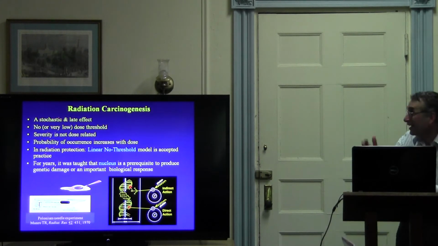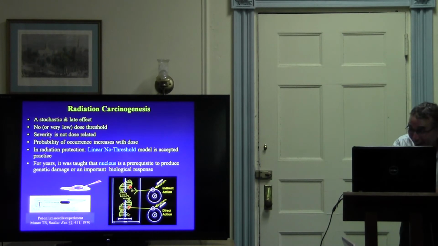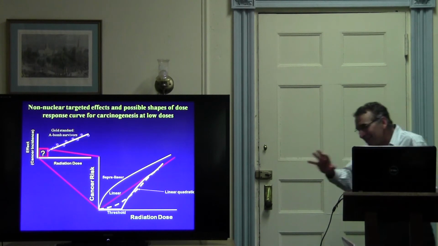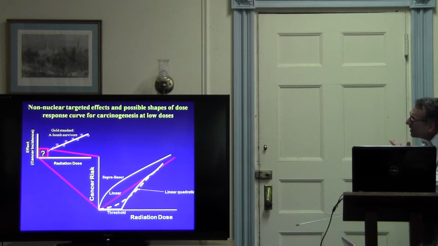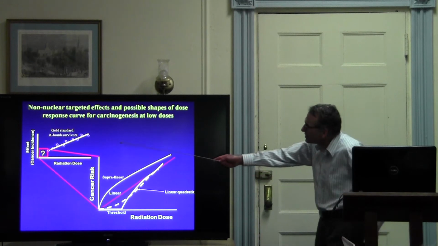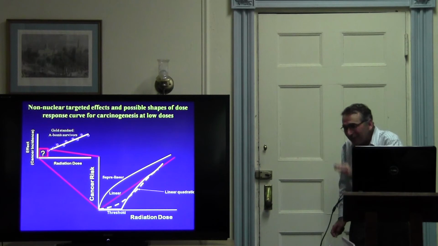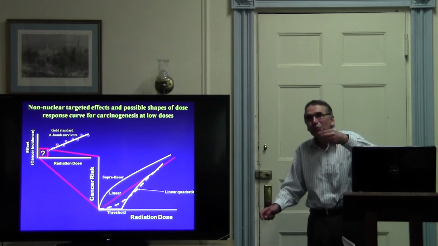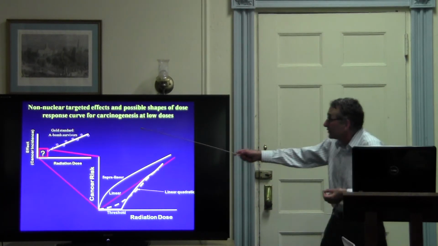However, the work, and I am of course covering for Dr. Hei, who couldn't be here today, so we will see the relevance of that, the non-nuclear hit. We needed to hit the nucleus of the cell, with a targeted effect, for us to calculate and then try to assume what the health risk of exposure to radiation would be.